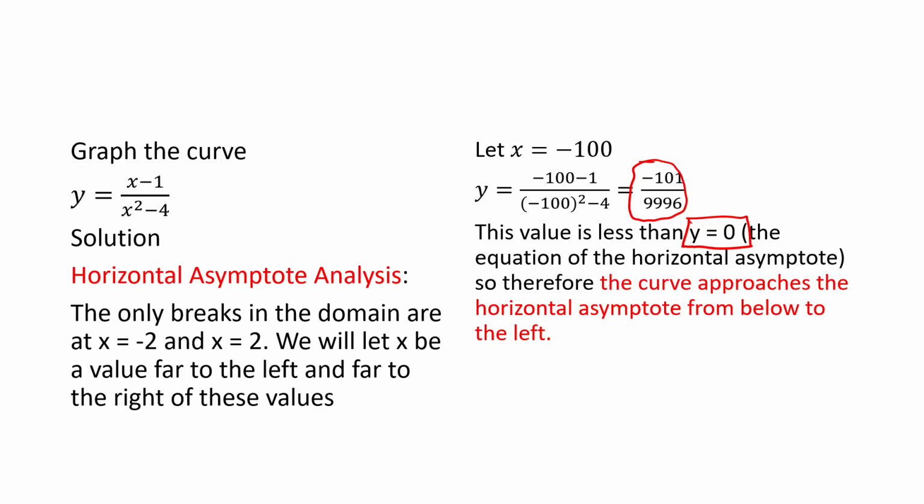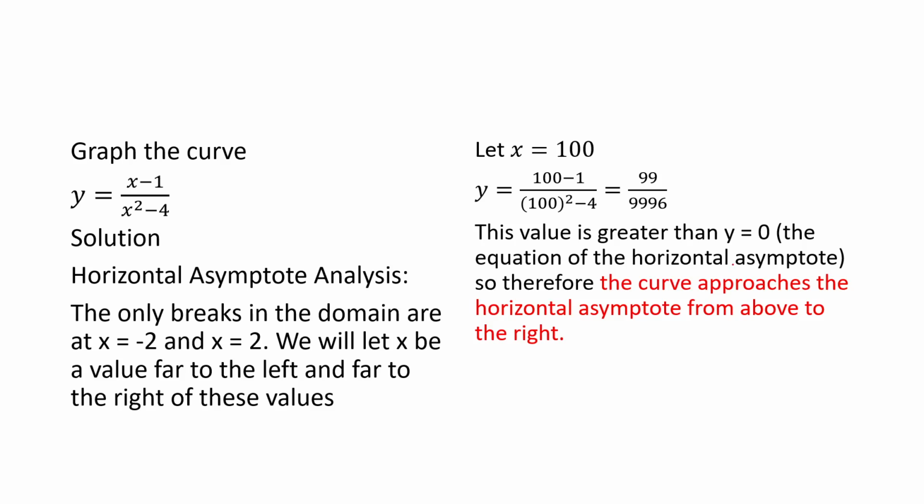Now, you might think, well, why are we comparing it to y equals 0? In the first question, we compared it to y equals 1. The reason we're comparing it to y equals 0 is because in this question, that's the horizontal asymptote, y equals 0. In the previous question, it was y equals 1. So this is slightly less than y equals 0. That means we're going to be approaching to the far left this horizontal asymptote from below.